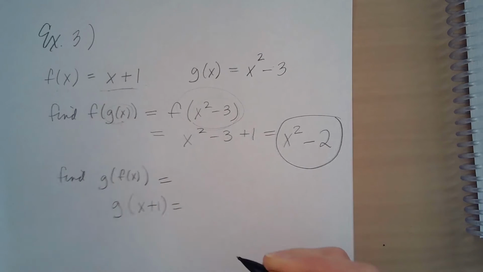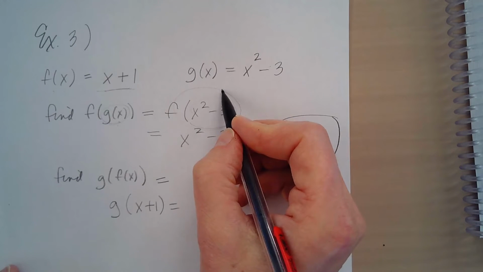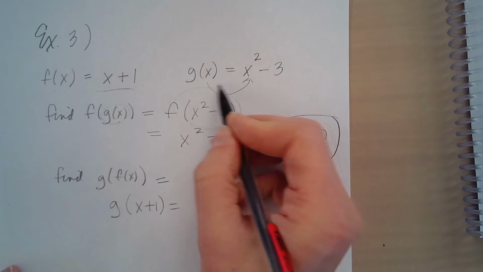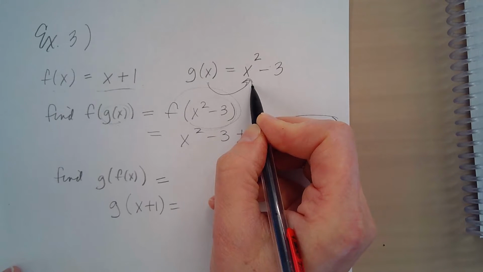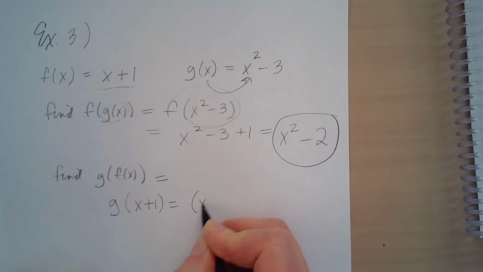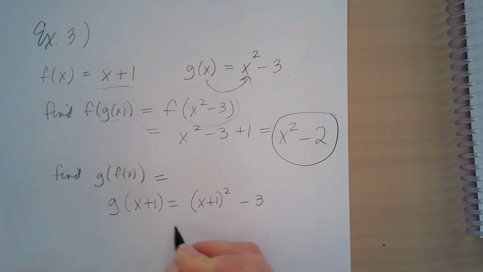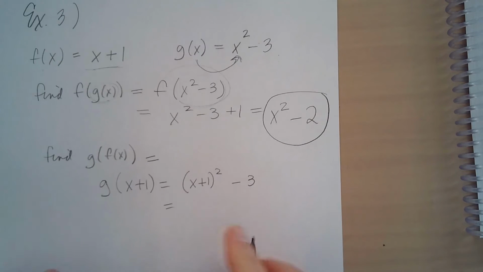This one's slightly harder, right? Because it involves a squaring. So now my g instructions are whatever's in the brackets gets squared, and then I subtract 3. Okay, you can't leave it like this, you have to simplify.